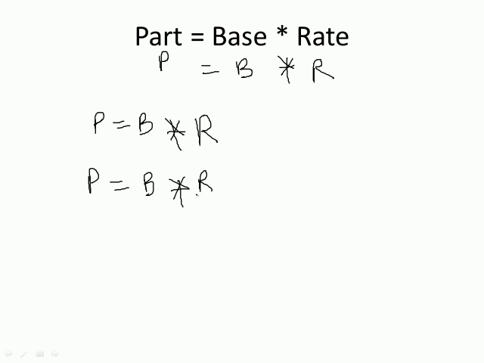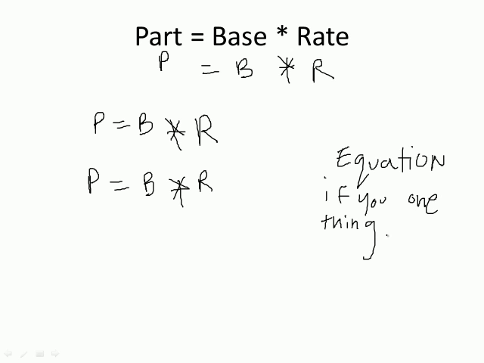Now, here's the rule, and we'll learn this next chapter. I'm going to tell you the rule for doing something to an equation. What does equation mean? The word equate means equal, right? If you do one thing to one side, like add, subtract, or multiply, you must do it to the other side also.